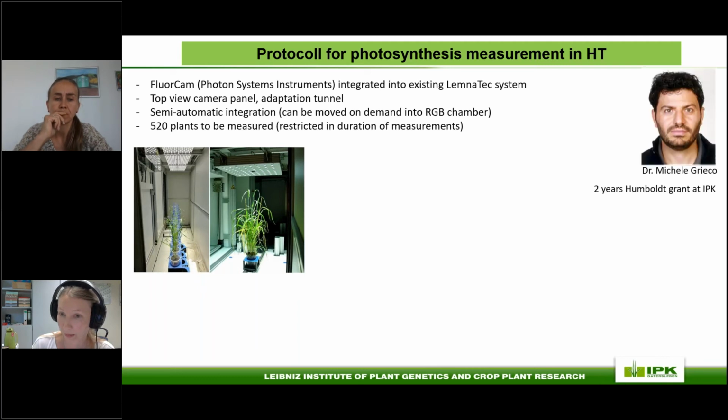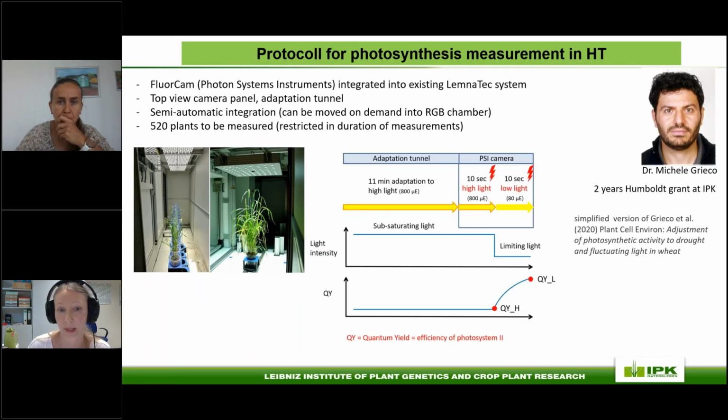And we were lucky that Michele Greco was contacting us, and he heard about the systems and was interested, and he's a photosynthesis expert, I should say, and he was then with us developing a Humboldt grant, which he got for 2 years to develop a protocol and to apply this protocol for plant genetic studies in the ongoing experiments at this time.